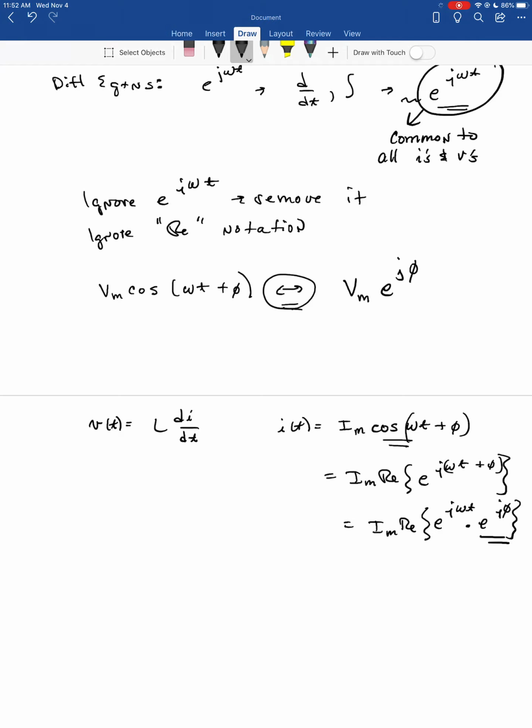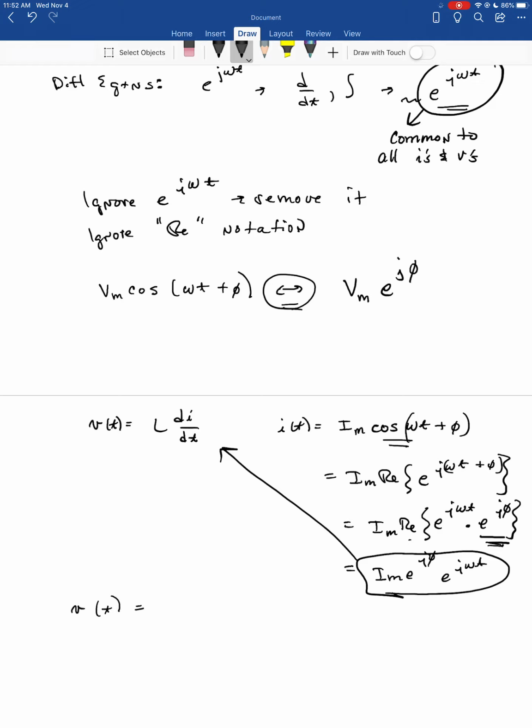This is not time dependent, so it's not going to cause a problem when I take its derivative. It's just going to look like a constant. So I can write that for the moment, ignoring the real notation, as Im e to the j phi e to the j omega t.